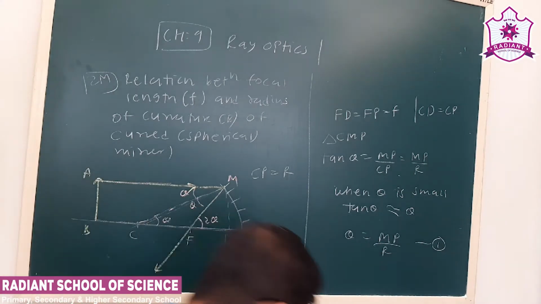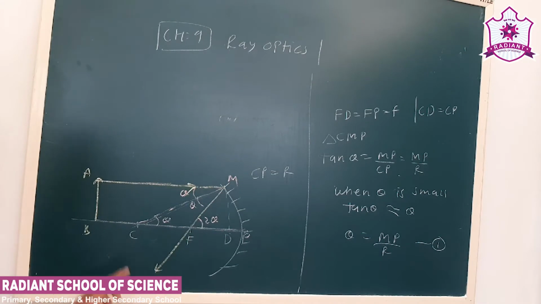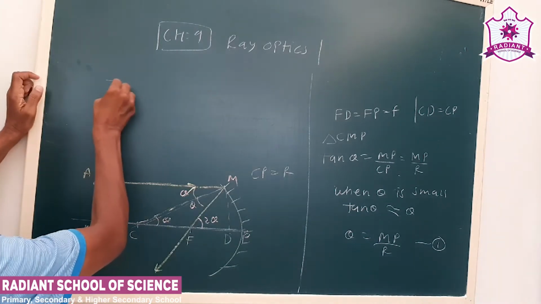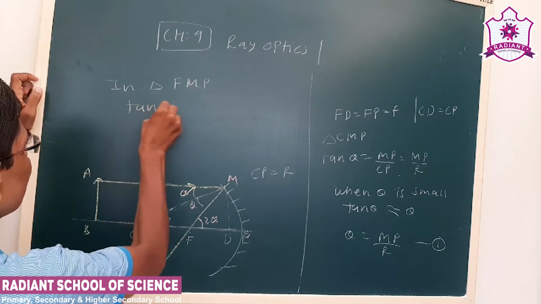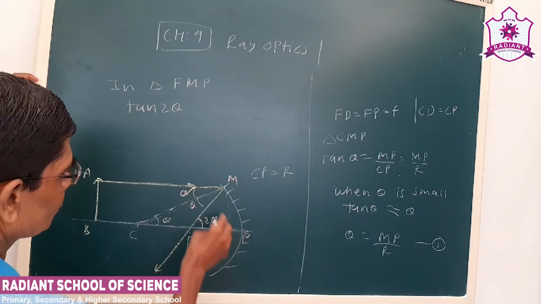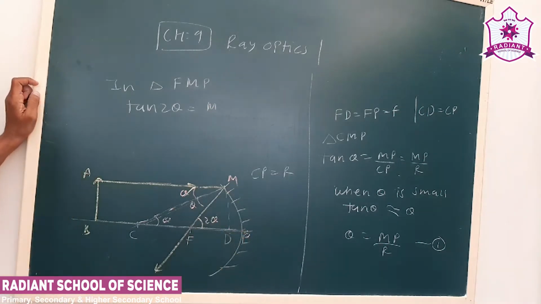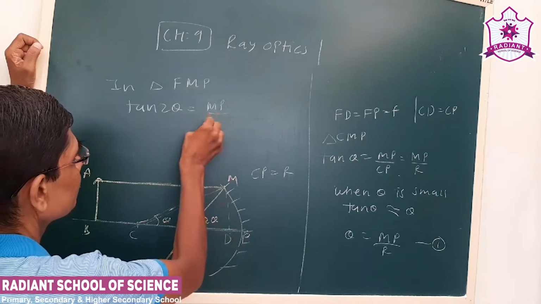Now see, first we considered triangle CMP, now we consider triangle FMP. In triangle FMP, tan 2 theta will be opposite upon adjacent, so it will be MP upon FP.